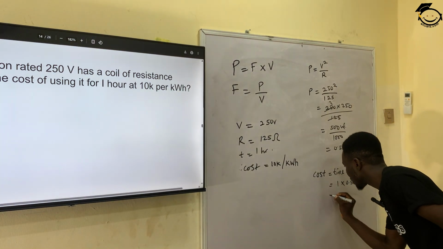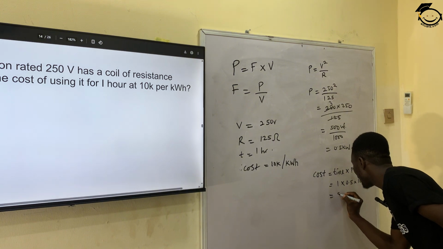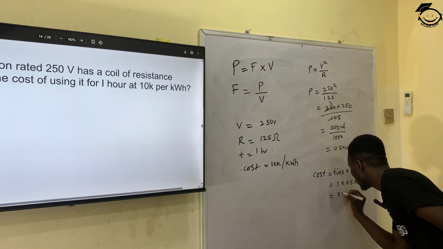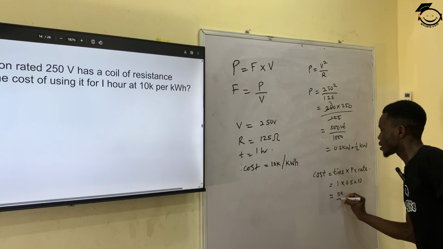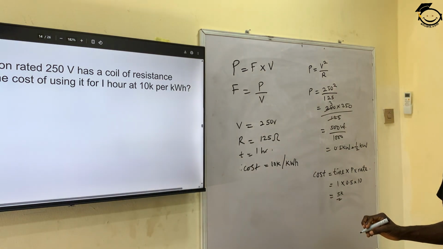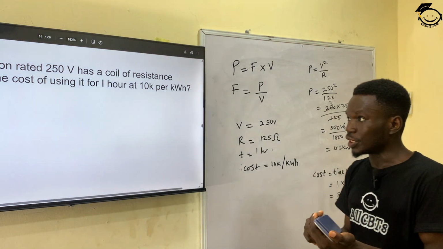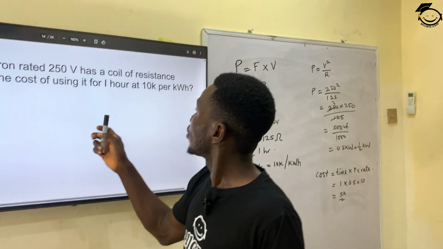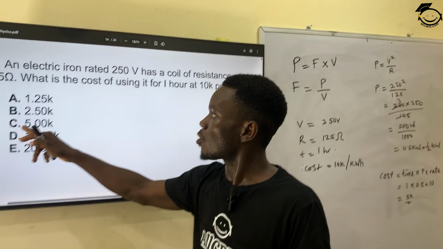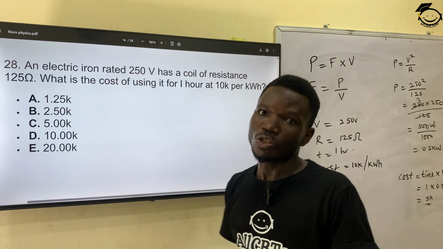So that would mean that I'll be having 5 kobo as the cost. So at the end of the day, for running your electric iron for 1 hour, you'll be paying 5 kobo. That is option C.